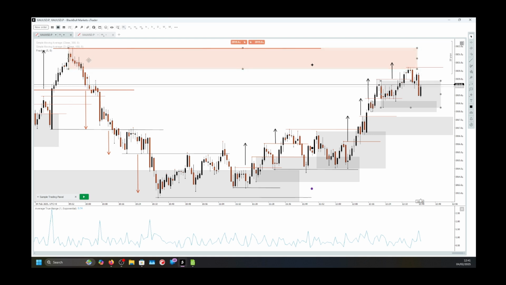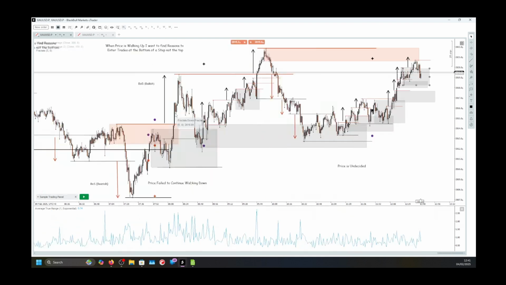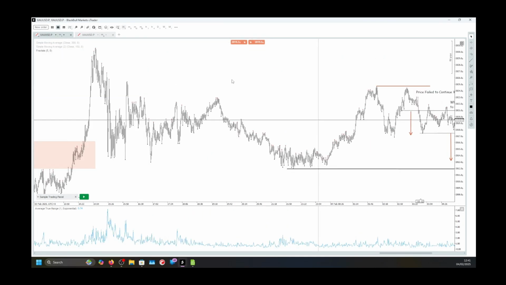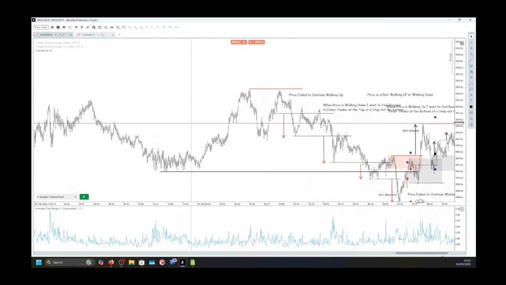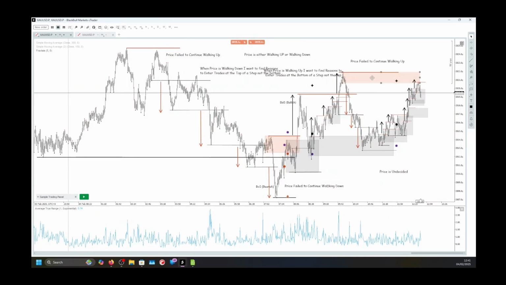But as you can see, this is the high of this swing. Today's range is from the high to the low, and we're trading within today's range. As you can see at the moment, things are bullish.